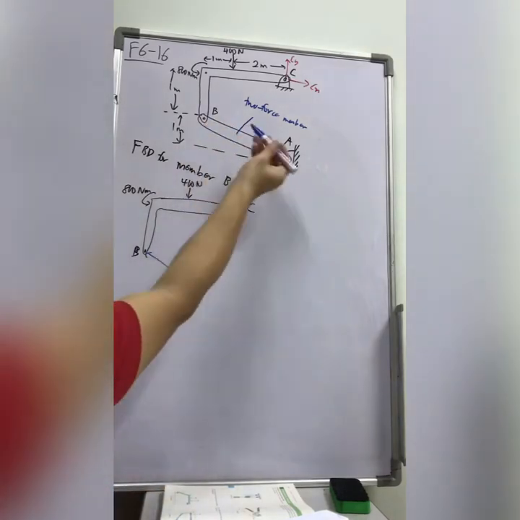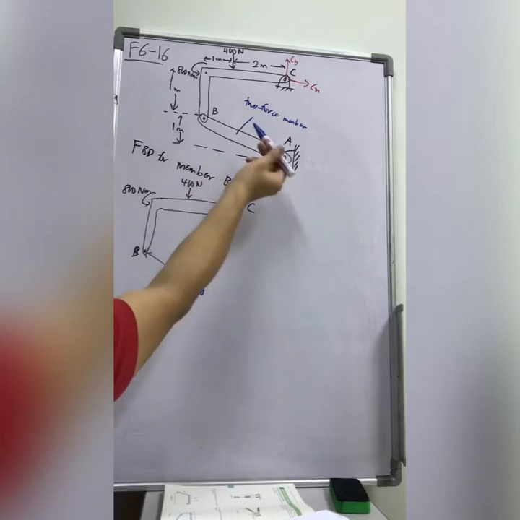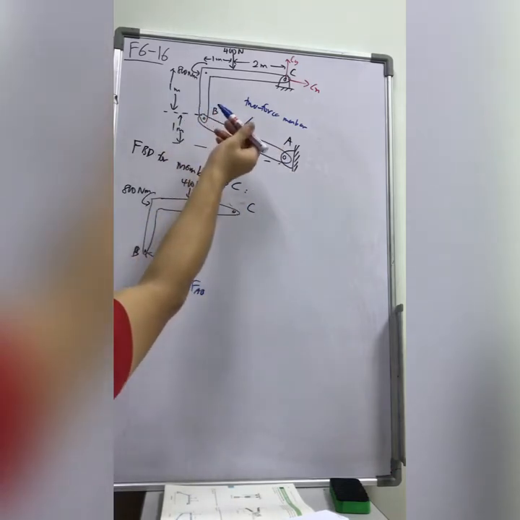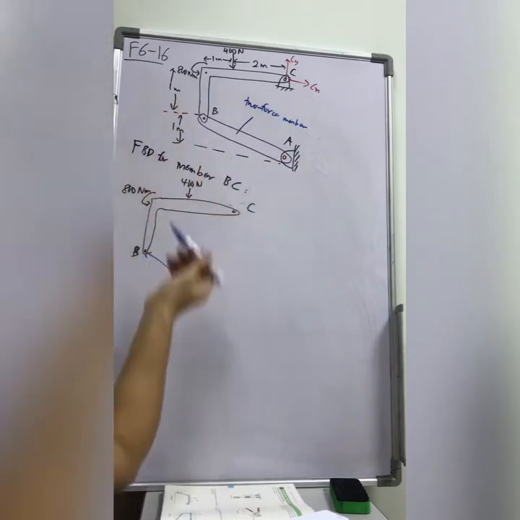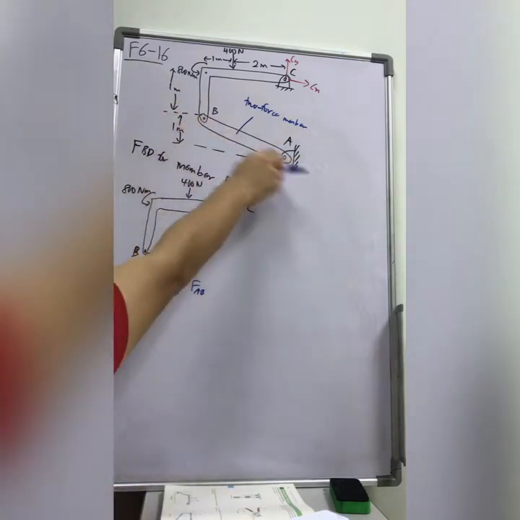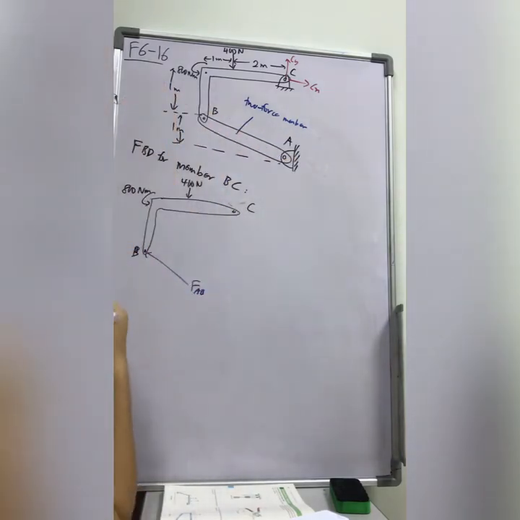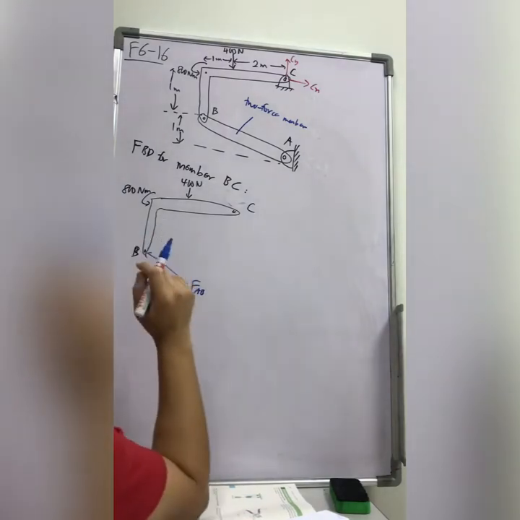So FAB will have the reaction going along the line, along the member, between the joints.